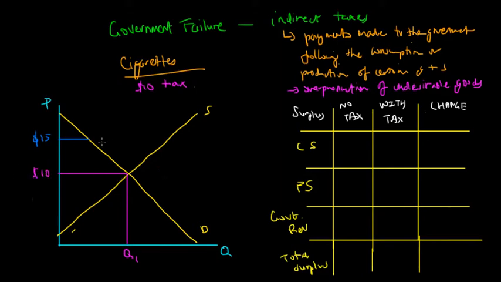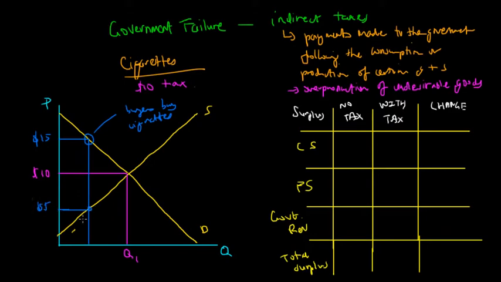Now we can see this is the price buyers buy cigarettes at, and at the supply point here, it's what the sellers sell cigarettes at, which is only $5.